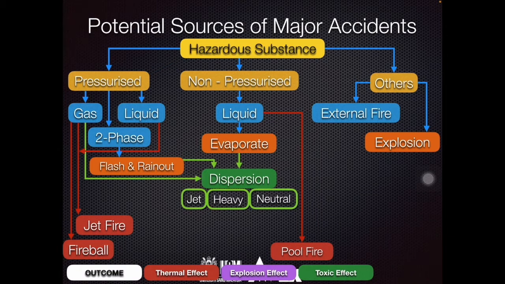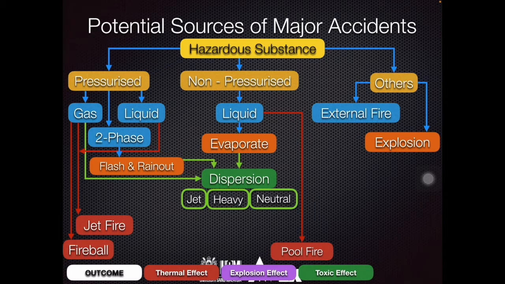There are three types of dispersion. It can be a jet dispersion due to the pressure. It can be a heavy dispersion due to the heavy gas, meaning that the vapor that disperses from the chemical stays on the ground.